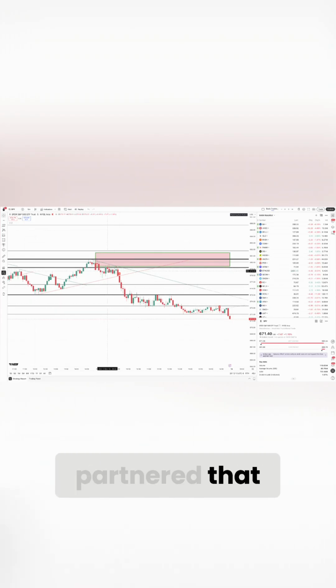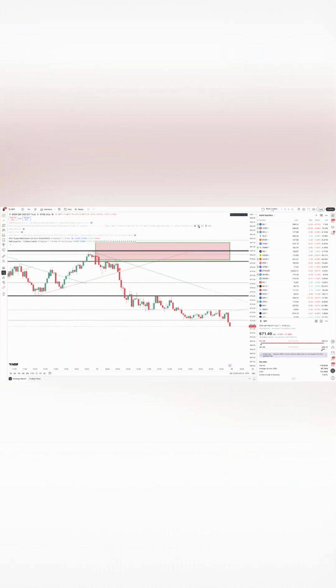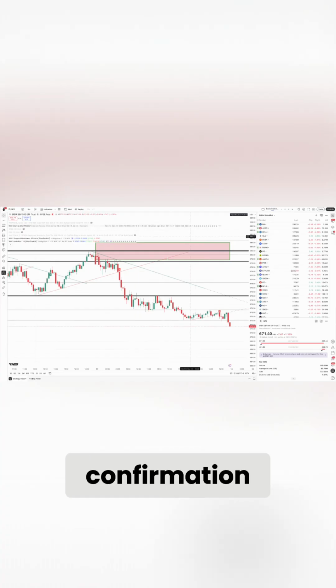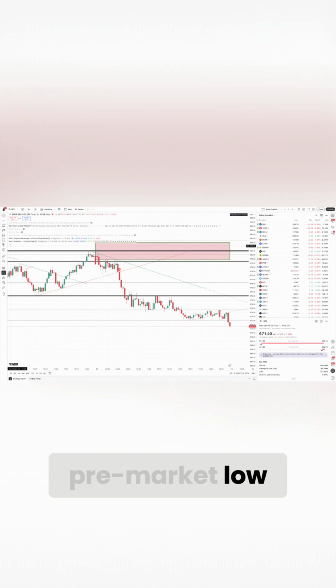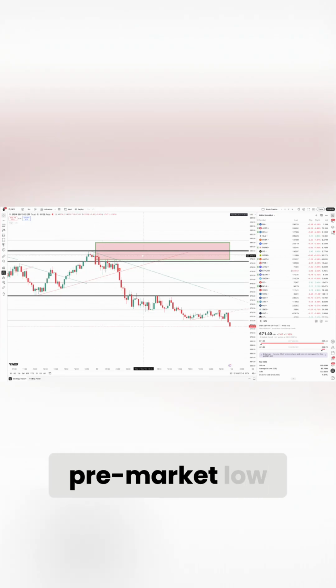When I partner that up with my wolf chart confirmation system, because I know what the pre-market low is, I turn on my wolf chart and use the same confirmation system, just considering the pre-market low. My bias has switched to SPY is weak because it's under the pre-market low.